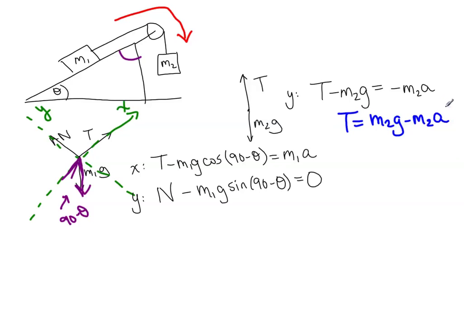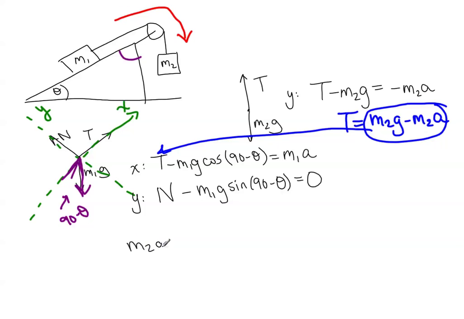So I'm going to take this and stick it in there and get a new equation: m2g minus m2a minus m1g cosine 90 minus theta equals m1a. And I'm really happy about this equation because I know the masses, I know gravity, I know theta, and I want to find the acceleration, so there's nothing in here I don't like.